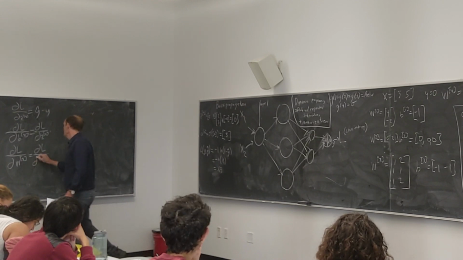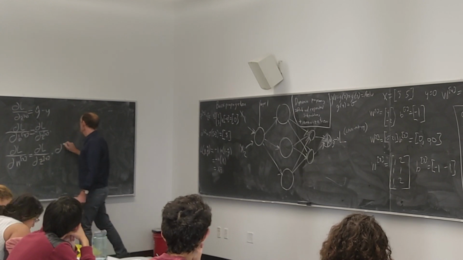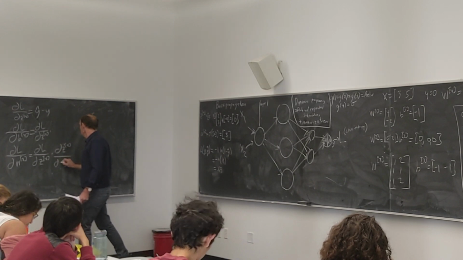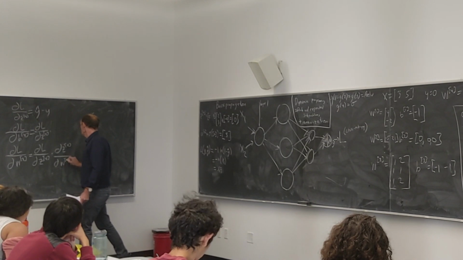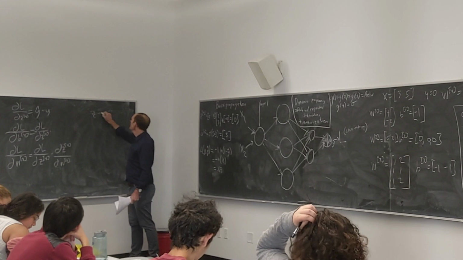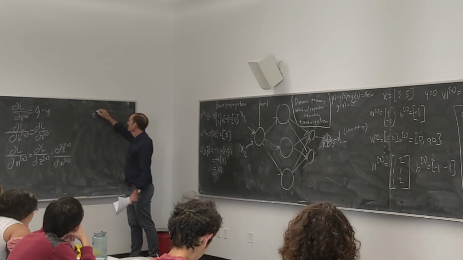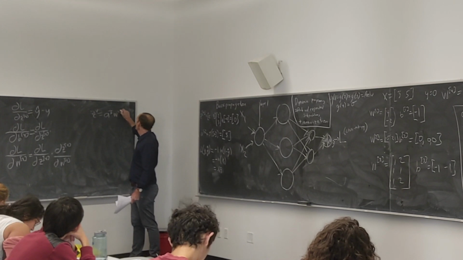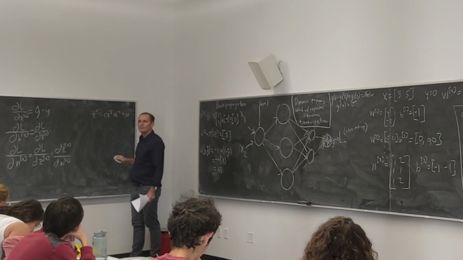Z what? 4 times the derivative of Z4 to W4. All right. So again, we have Z equals A. So this is Z4 equals A3 W4 plus B.